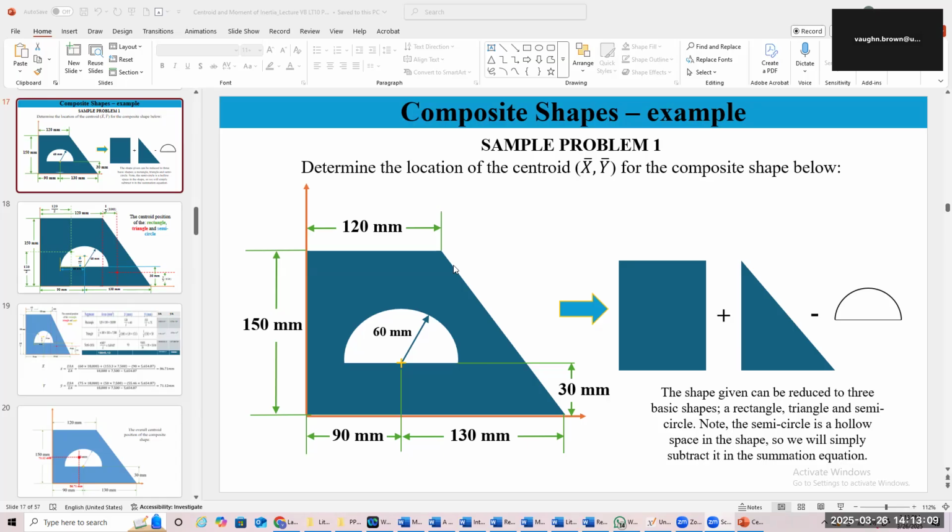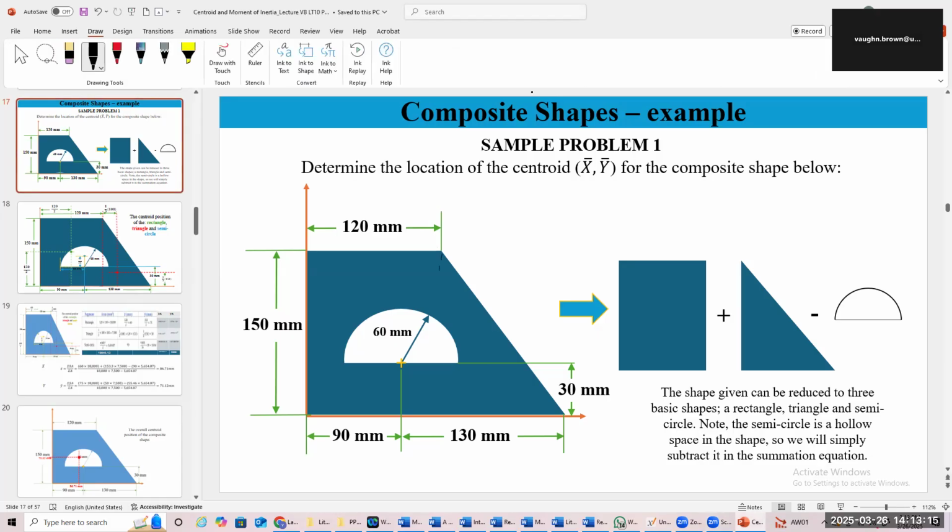What you do is separate the figure, so let's say you separate it here, with a line coming right down. So you have the rectangle. Now you see that this is 120. So the x bar for the rectangle would be 60, because half of 120 is 60. That takes you back to the origin from the center.